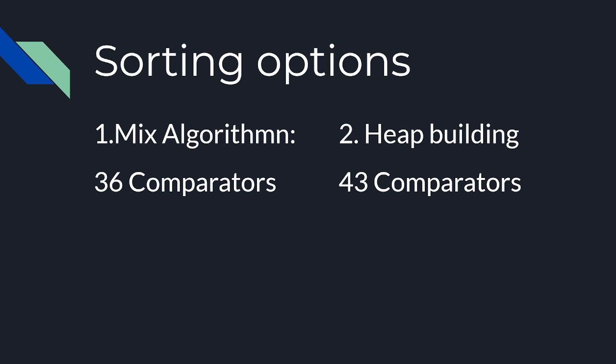Although they have a similar number of comparators, they each have their advantages. The heaping method is pretty straightforward, but since it needs to customize every component, it is quite hard to do the pipeline. That's why I choose the mix method.